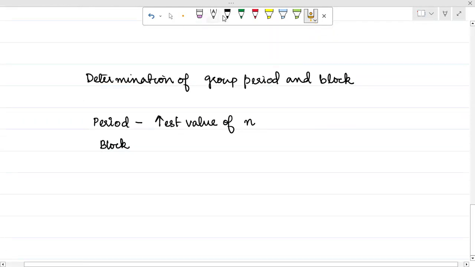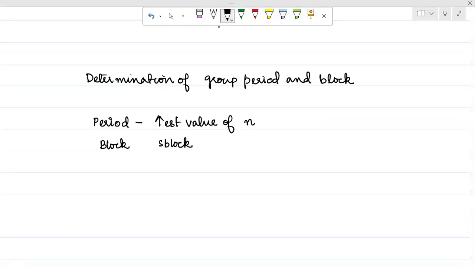Okay, so how do you find it is the next question. So the way you find the block: if it is S block, very easy, the last electron enters the S subshell. P block also the story is the same: the last electron enters the P subshell.